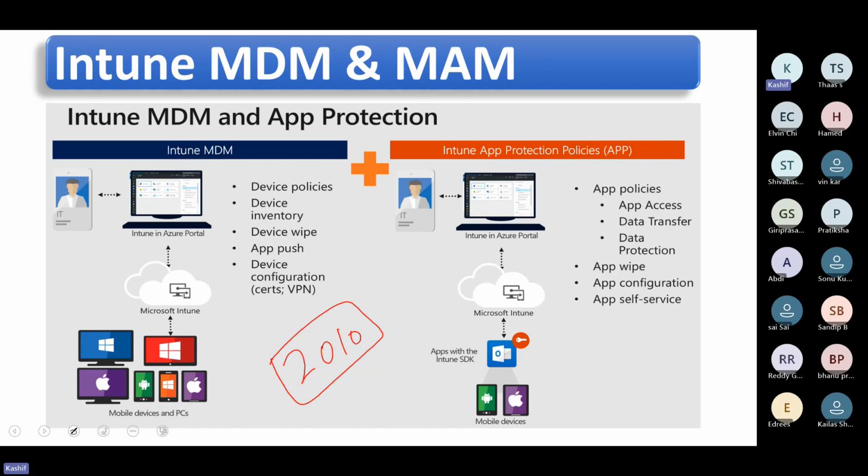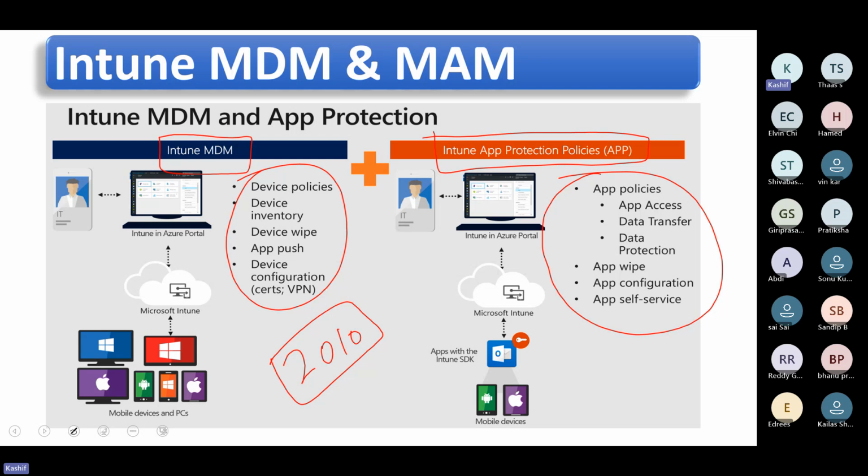So we use this for two major reasons. First one is MDM, mobile device management. Second one is mobile application management. So we manage devices wherein we can perform certain tasks like device policies, device inventory, device wipe, application push, device configuration, and we can manage applications.